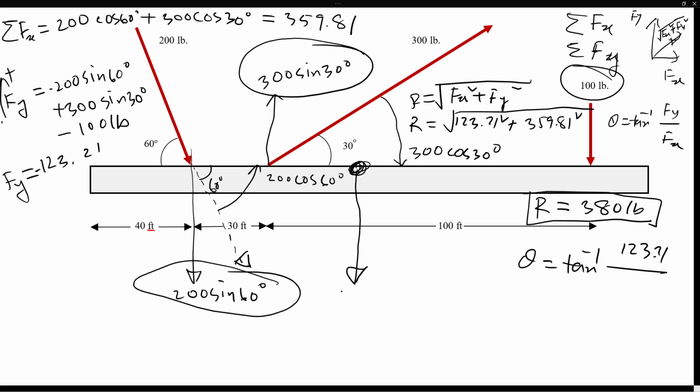So that is Fy, minus 123.21, and then the x direction summation we calculated, 359.81, and then the resultant would be approximately in this direction. It's going to be more towards the stronger force. I calculated it 18.9 degrees in this negative side here.